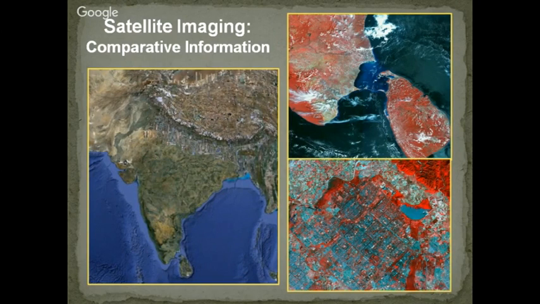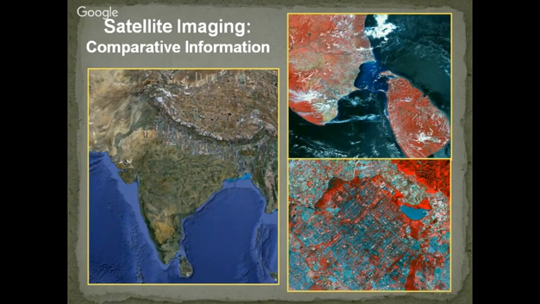Now, these are different images pertaining to different spatial resolution. We have one satellite image covering entire India. Then we have one image representing the southernmost part of India and Sri Lanka. And then we have the third image pertaining to a very small location. In this case, this image pertains to Chandigarh city.